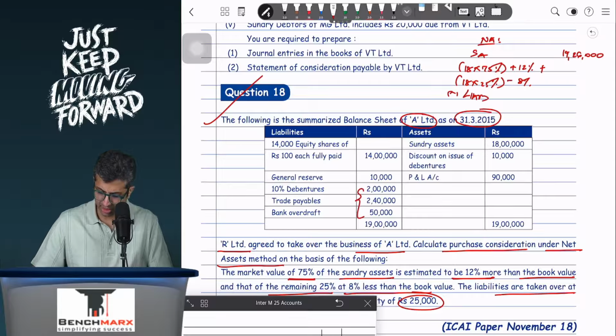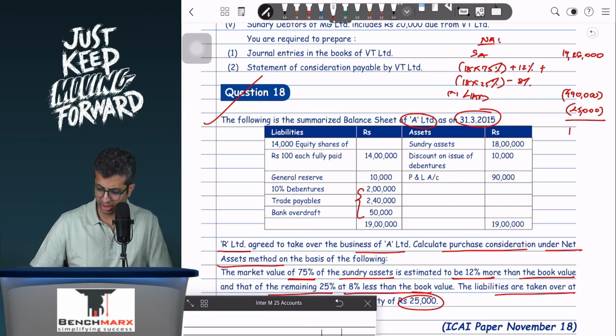All of these liabilities would be as it is, 2 lakhs, 240 and 50,000, which comes to 4 lakh 90. And over and above that, there is also an unrecorded liability of 25,000. And hence, you will have what?